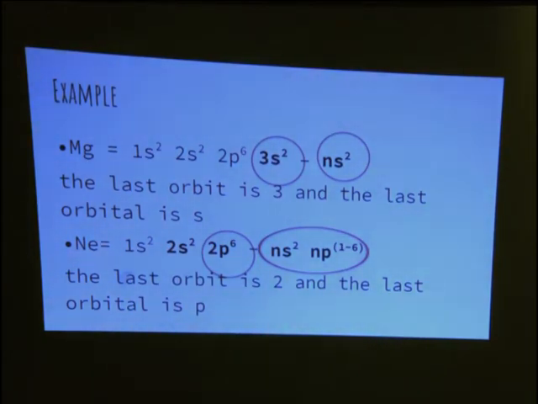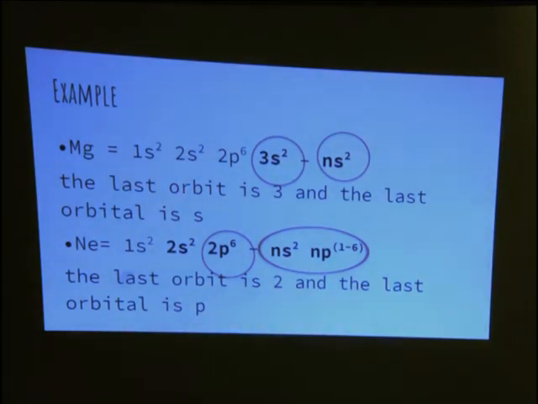For magnesium it is 3s², which means its last orbit is 3 and the last orbital is s. The last electron is entering the s orbital, so it belongs to s block. When you look at the last orbit, it is number 3, which means it belongs to period number 3.